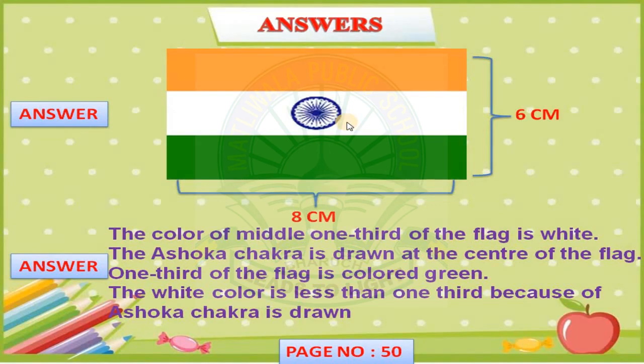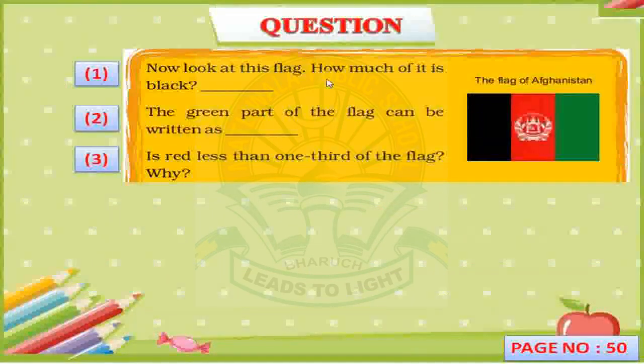The third quiz, next question. This is the same page number 50. Now look at this flag. How much of it is black? Look at this side, how many total parts of this flag?